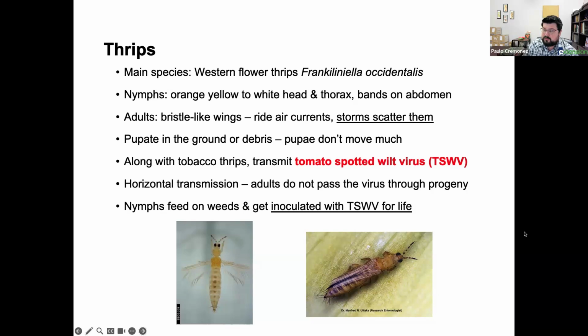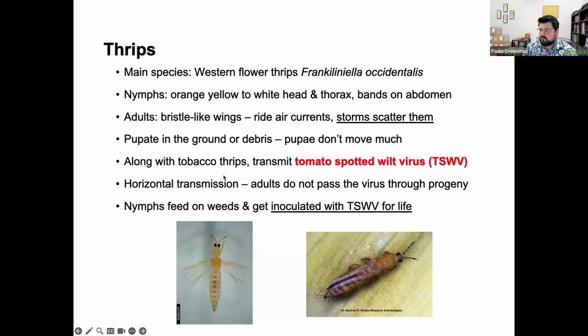They pupate on the ground or debris. The pupae don't move much, but wooded areas and weeds can provide a population too, to be prevalent in the area.